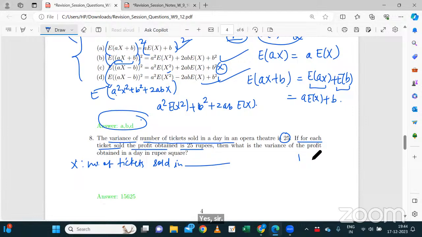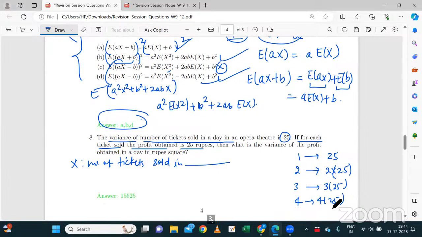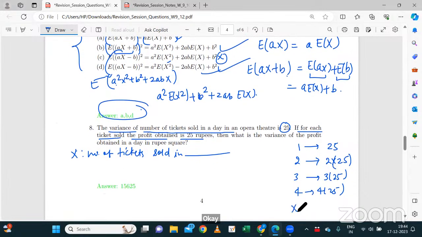If one ticket is sold, the profit is 25. If two tickets, 2 into 25, that is 50. If three, 3 into 25. If four, 4 into 25. So for X tickets, it will be 25 times X. So we have to find the variance of 25 times X.